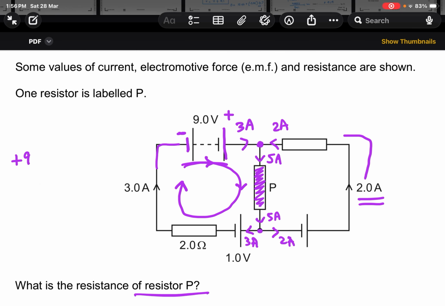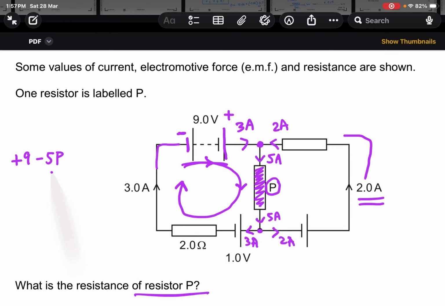Okay. And then when I move across a resistor, this resistor P, I get a drop in voltage because my resistor is going to use up my voltage. When my direction of current is down and my loop is also downwards, then I get a drop in voltage. So my drop in voltage is going to be negative 5, which is my current, times P, which is my resistance.